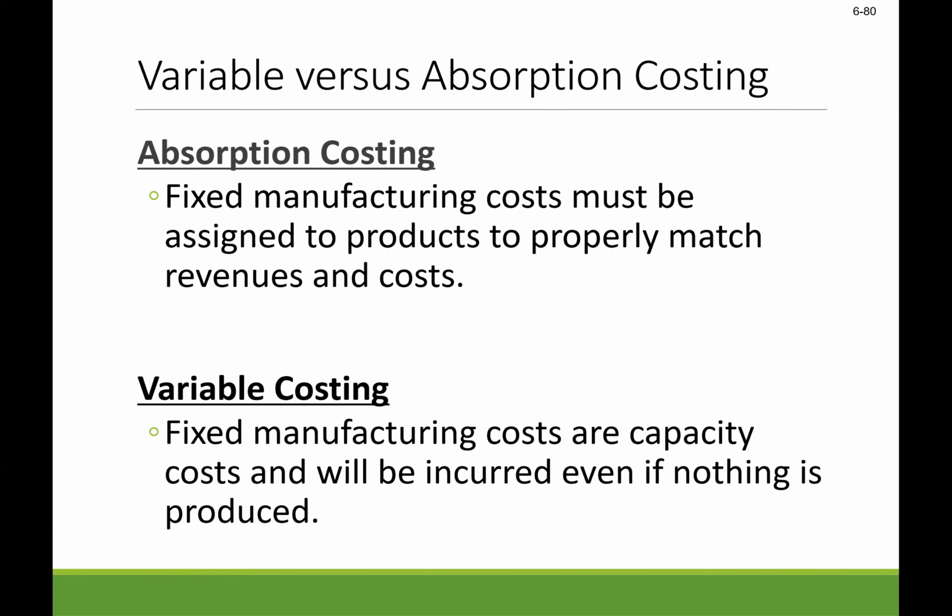Under absorption costing, fixed manufacturing costs are assigned to products. Under variable costing, fixed manufacturing costs are capacity costs and will be incurred even if nothing is being produced.